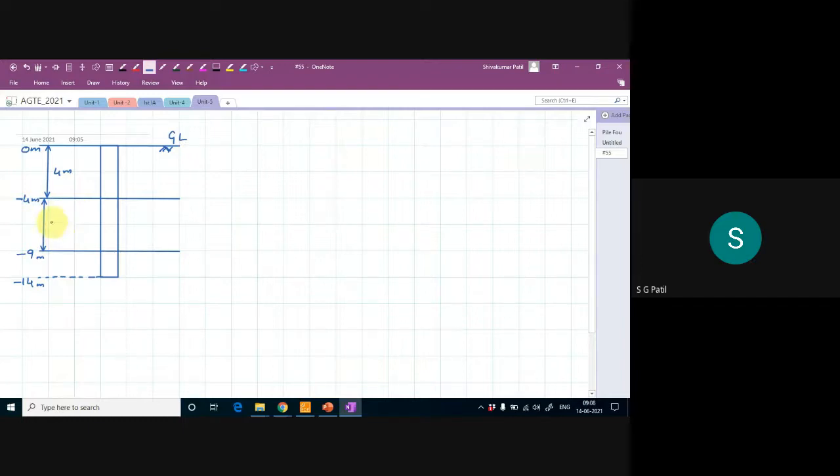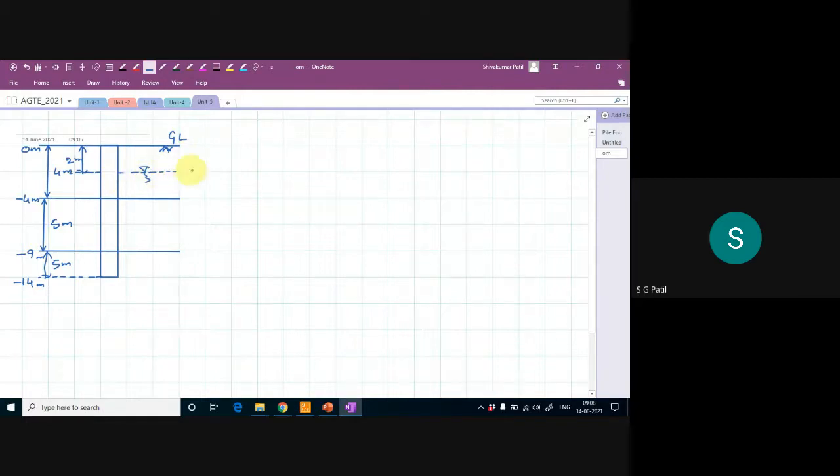It is around 5 meter. And this soil, 9 minus 14, is also 5 meter depth. Here you have a water table at a depth of 2 meter.